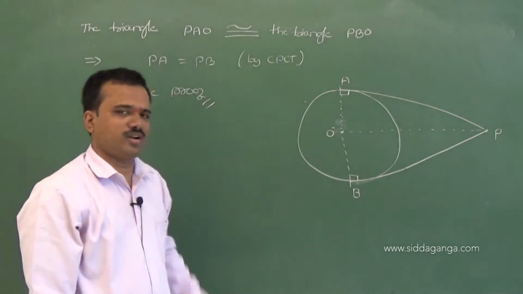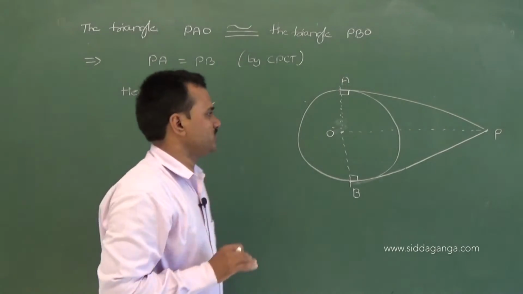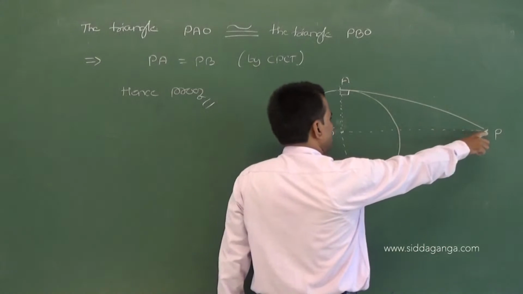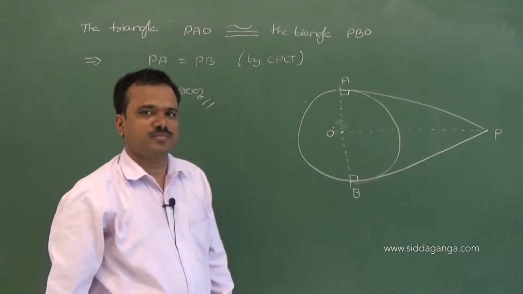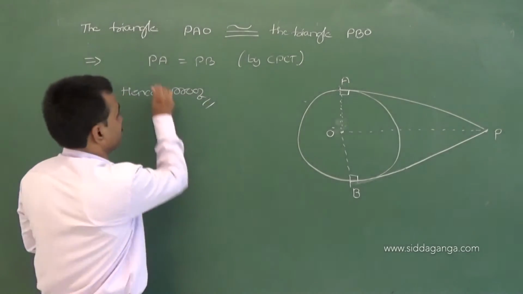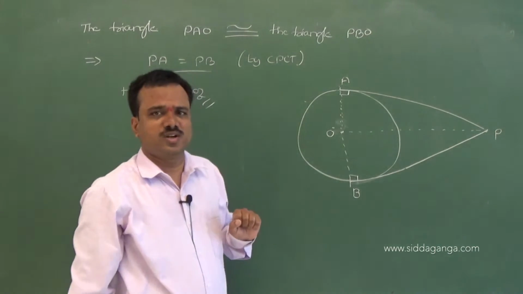Understand? These two are the two theorems in this chapter. Very important theorems. The second one is the length of tangents drawn from an external point is always the same by the CPCT rule. What does CPCT rule mean, sir? Once again I explain.